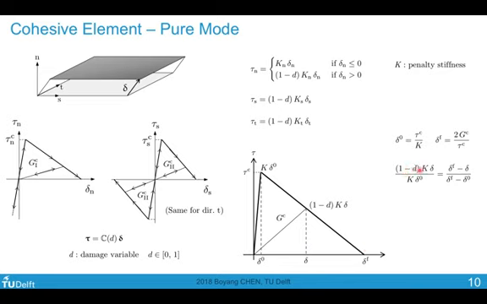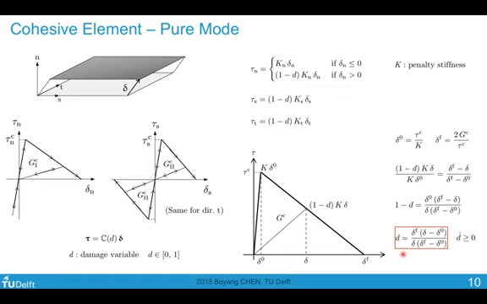So I have 1 minus d times k times delta, which is this length here, divided by k times delta 0, which is this length here, equals delta f minus delta, which is this part from delta to delta f, and then divided by delta f minus delta 0, which is this part. Based on this relationship, I can then calculate 1 minus d. I cancel out k and then move delta 0 to the right side, and then I can calculate d.